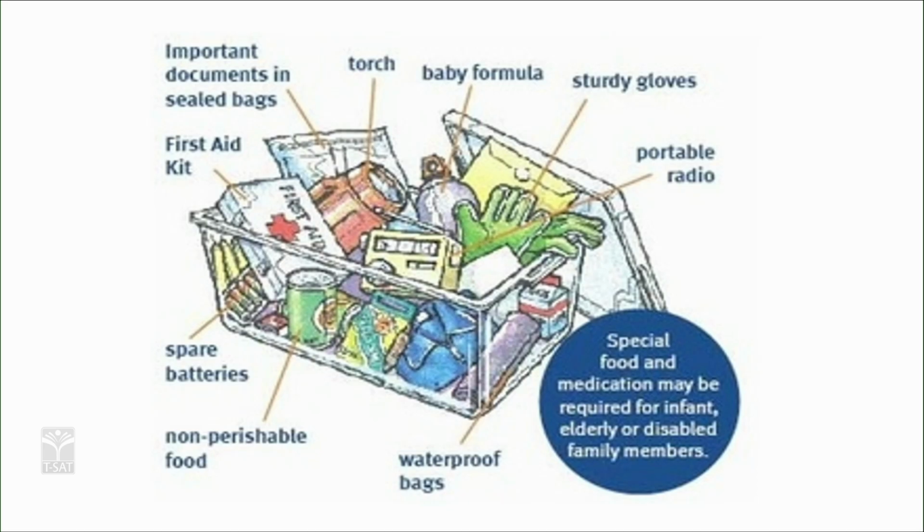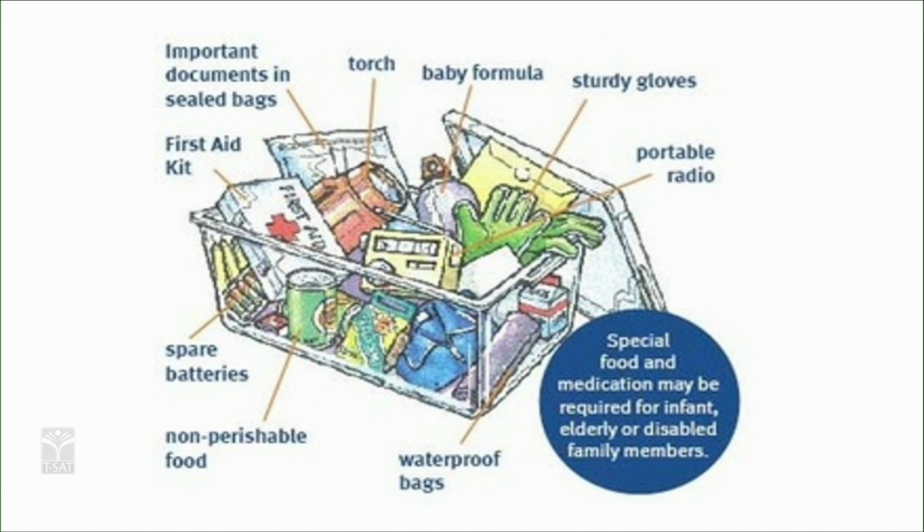Certain essential goods or materials need to be with us to save ourselves, like a torch and baby formula, because very young children depend upon milk. For them to survive, you need to have baby formula or milk powder.